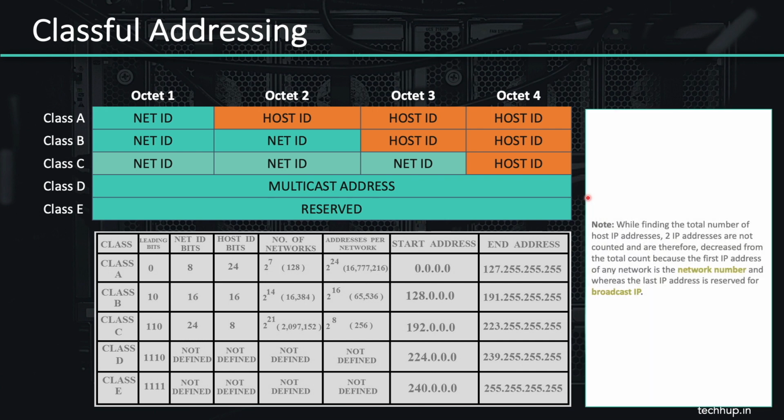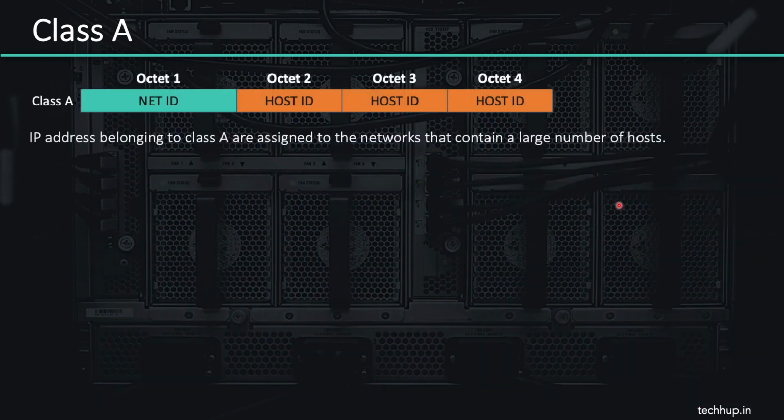And before we move forward, let's remember that within any IP range, the first IP and the last IP are reserved for the network number and the broadcast IP. So a class A IP address are assigned to network that contains a large number of hosts.